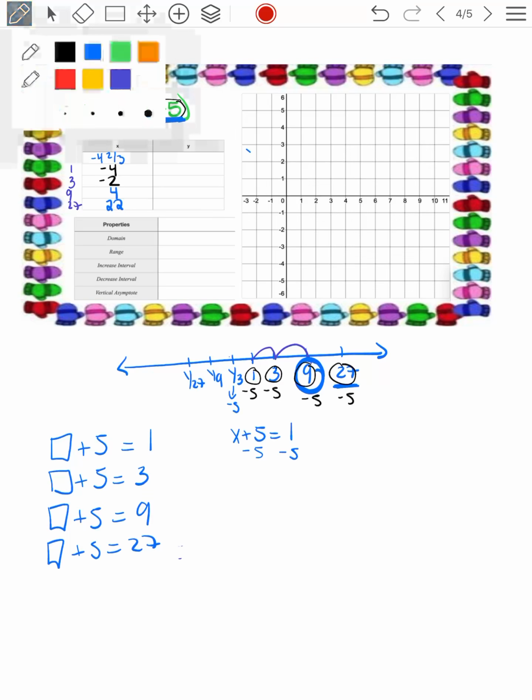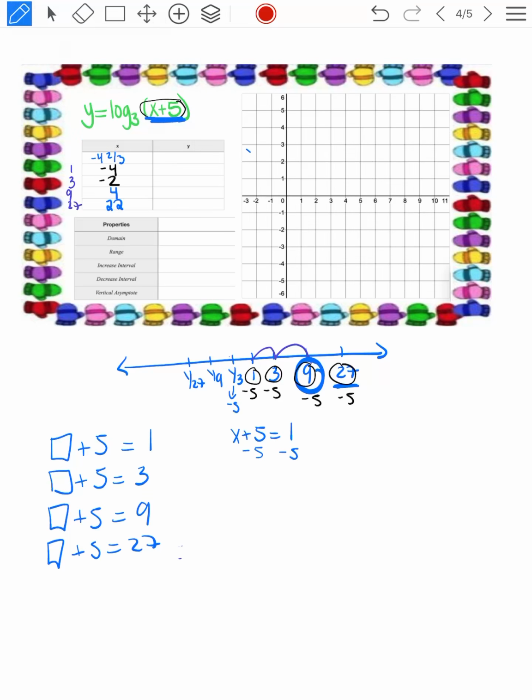So now the y values are pretty easy. They're just our jumps. So 22 plus 5 is getting us to 27. Well, it's going to take me 1, 2, 3 jumps to get to 27. 4 plus 5 is going to get me 9. It's going to take me 2 jumps to get to 9. Negative 2 plus 5 is going to get me to 3.